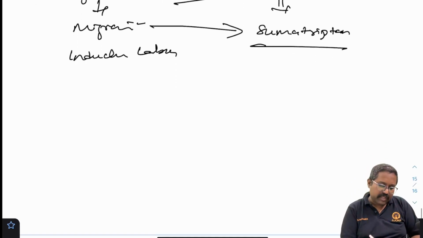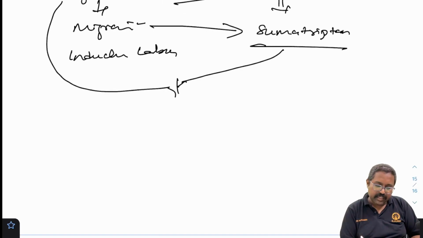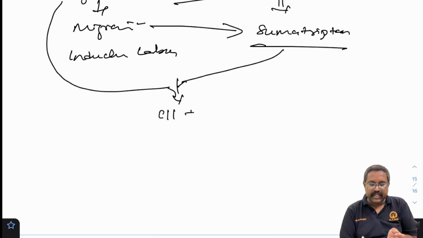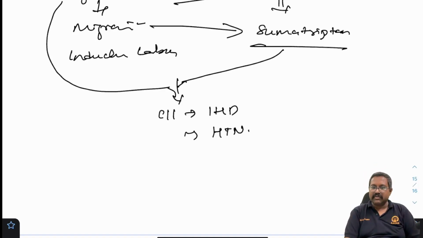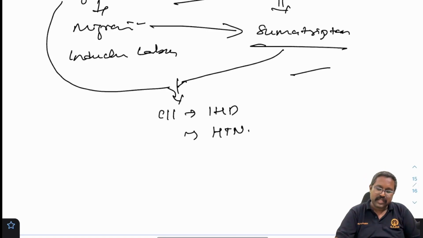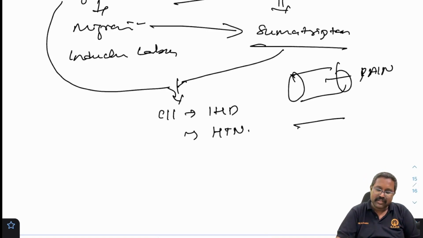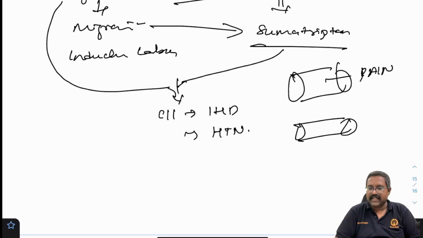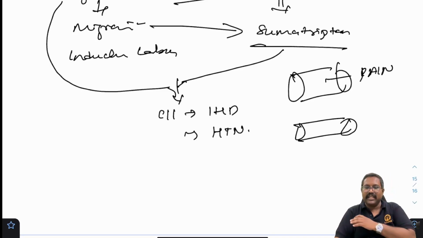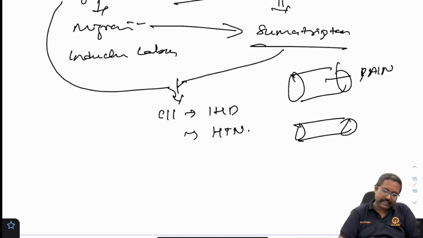And also you should remember that both sumatriptan and ergotamine are contraindicated in ischemic heart disease patients, in hypertensive patients, etc., because they cause vasoconstriction. In migraine there is vasodilation which produces the pain, and these drugs cause vasoconstriction. You should be very, very careful when you are giving this group of drugs.